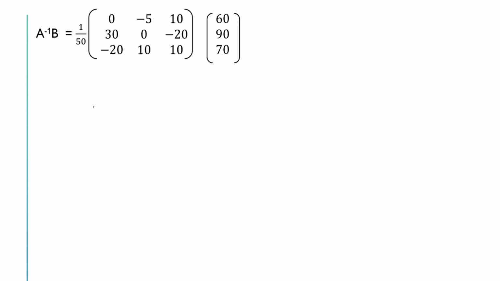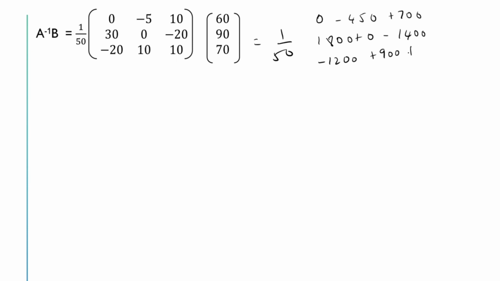So this is equal to 1 by 50 into 0 minus 450 plus 700. Then here 1800 plus 0 minus 1400. Then here it is minus 1200 plus 900 plus 700.